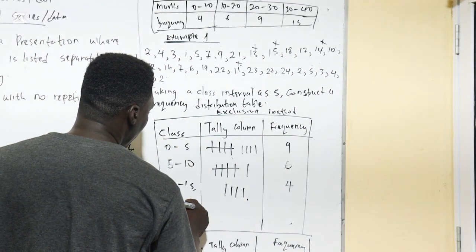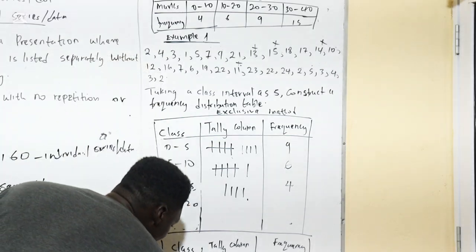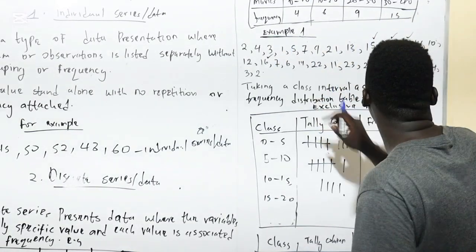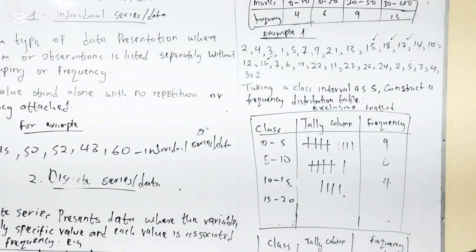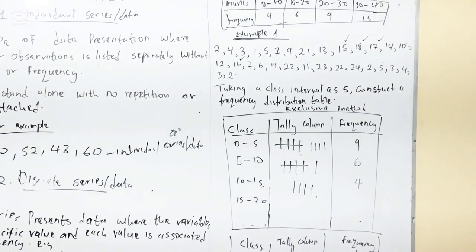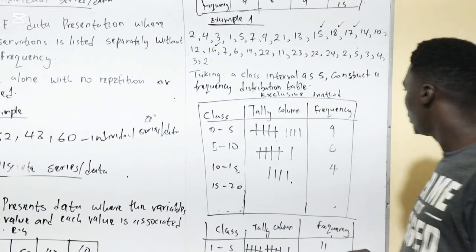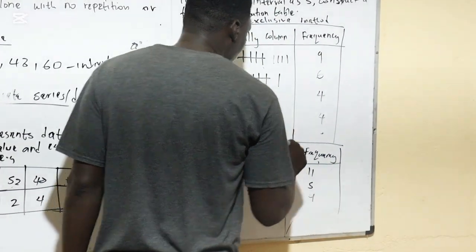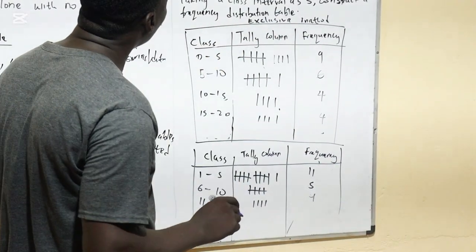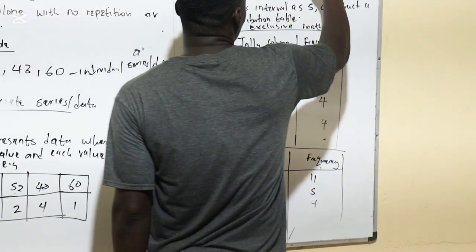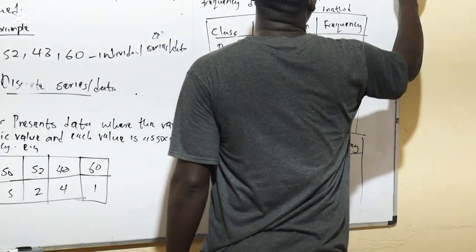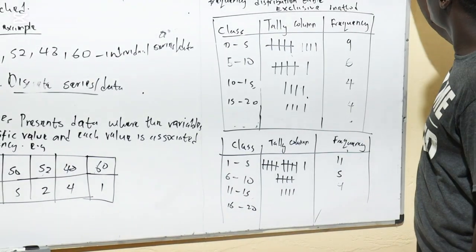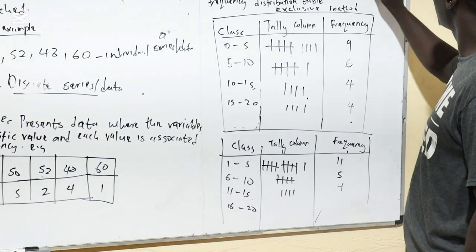The next will be 15 to 20. Here will be 4, so that will be 1, 2, 3, 4. Now with the inclusive, we count from 16 to 20, everything. That will be 18, 17.